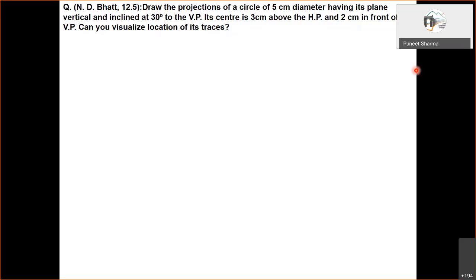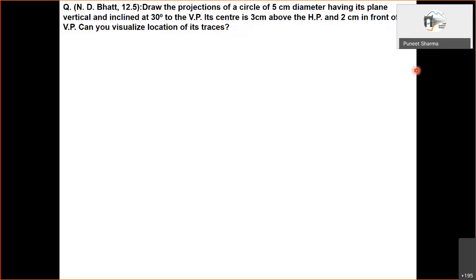Then its center is 3 centimeter above the HP and 2 centimeter in front of the VP. So the position of the center has been given so that we can locate the center. Then the diameter is given, so we can consider how the overall circle is situated.